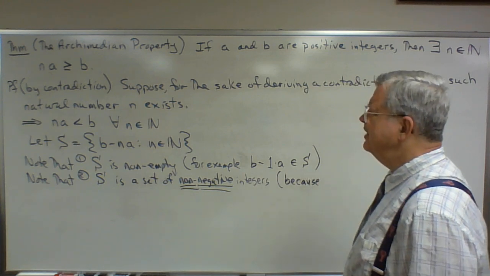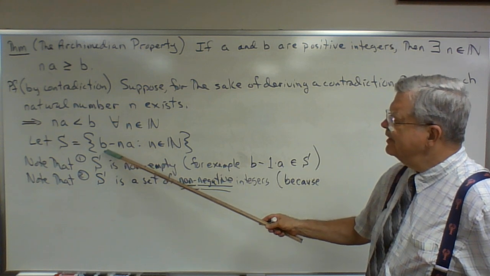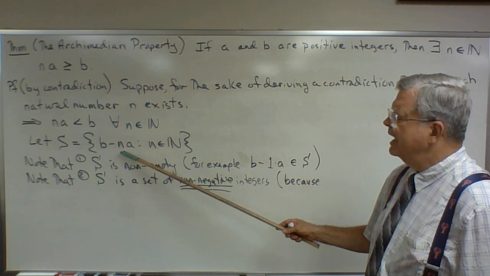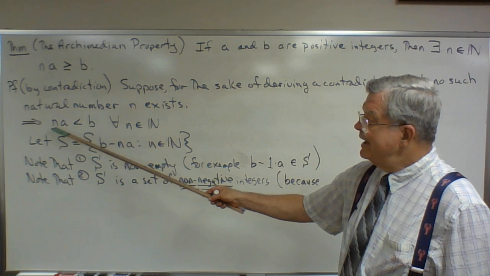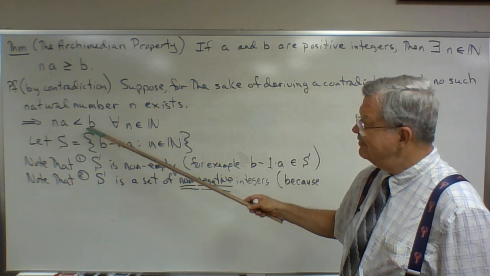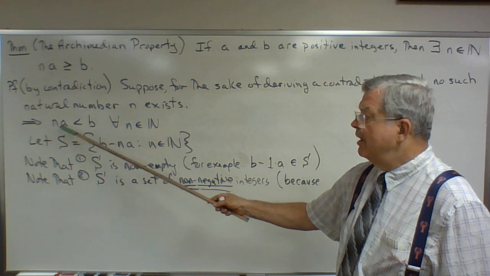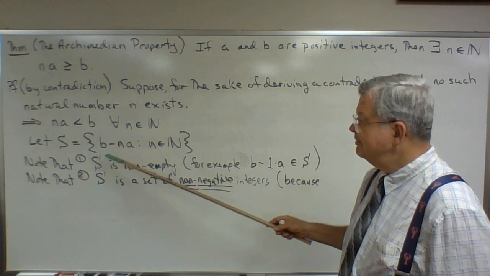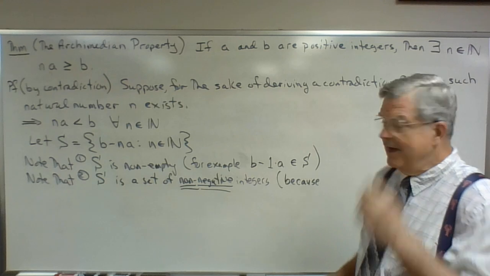Let's see, why is that the case? Every number in this set is of the form b minus na for some natural number n. But we've assumed that no matter what natural number n we pick, n times a is less than b. So na is always going to be smaller than b. So we take b, which is larger, subtract na, which is smaller, we get something non-negative.